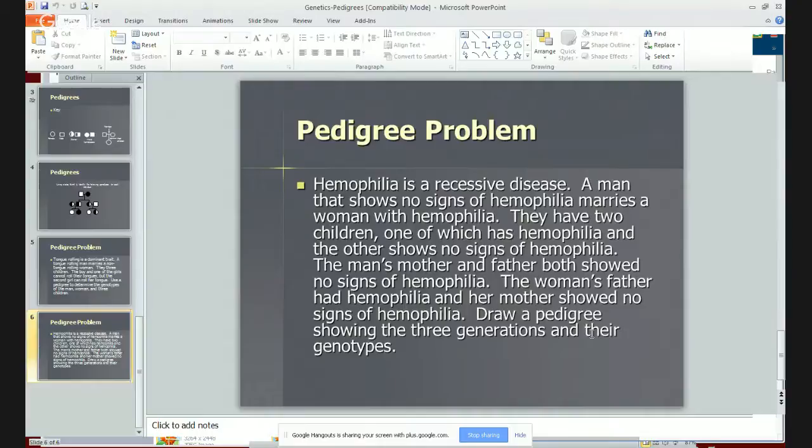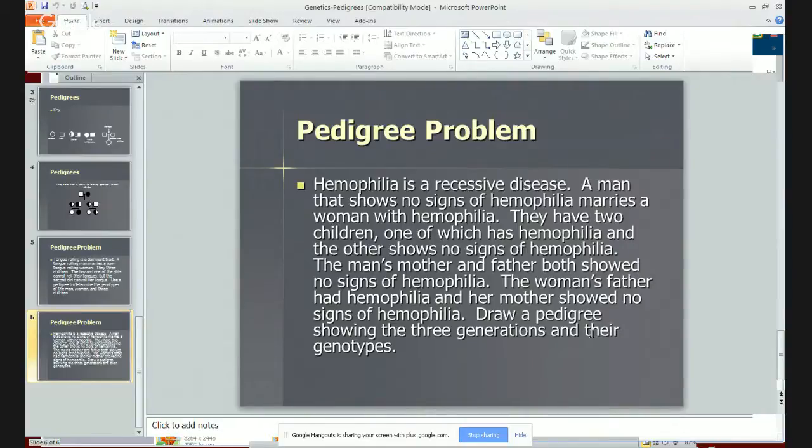You can put a question mark for both his parents. So the paternal grandparents, or the parents of the dad, we don't know what their alleles were. We know one of them had to be the carrier, but you're going to go ahead and leave both of them as big H with a question mark because we don't know.